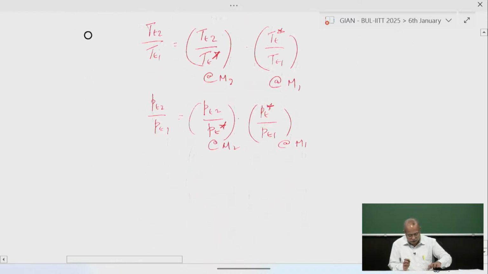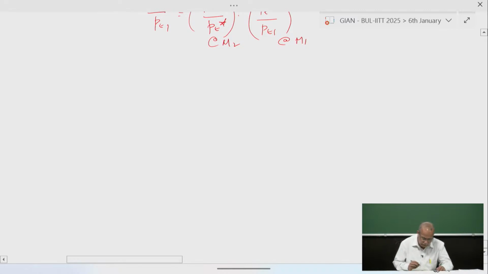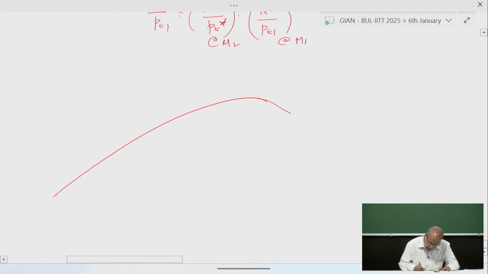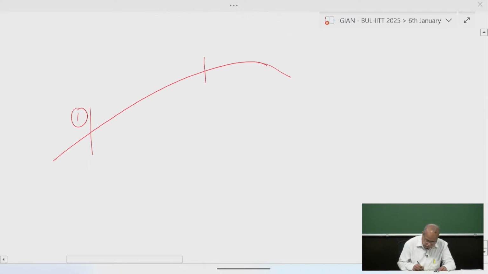Okay. Now, finally, this is the Rayleigh theory. Here is the charge that enters into the combustor. So here is the combustor. Now here is the injection of fuel that is injected into the combustor.